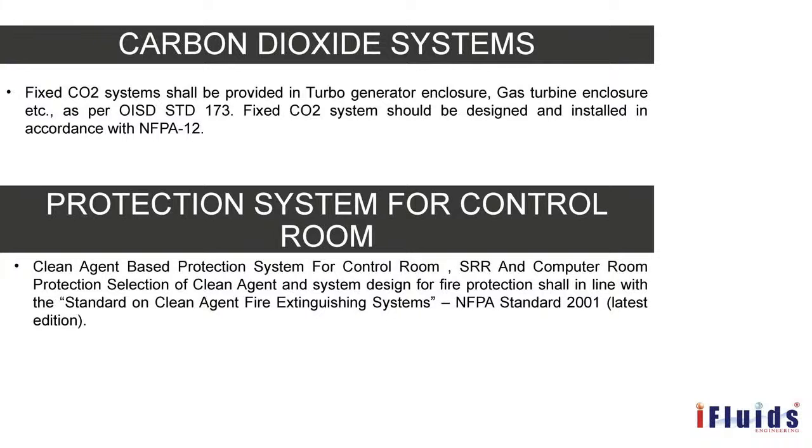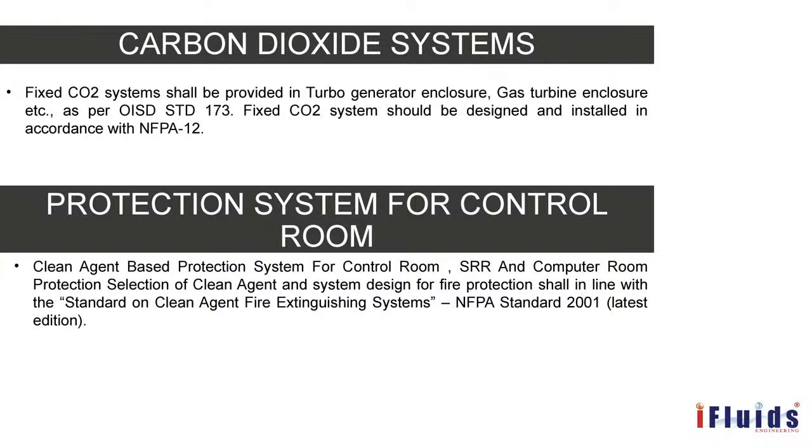With respect to the control room, a clean agent protection system has to be provided for the control room, SRR, as well as the computer room. Those clean agents have to be provided in line with NFPA standard 2001.